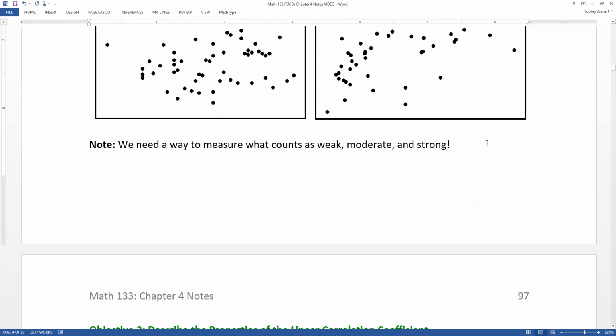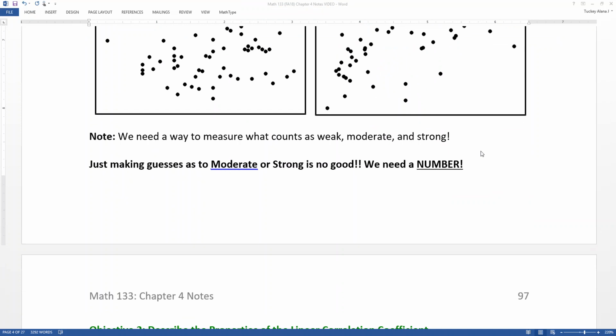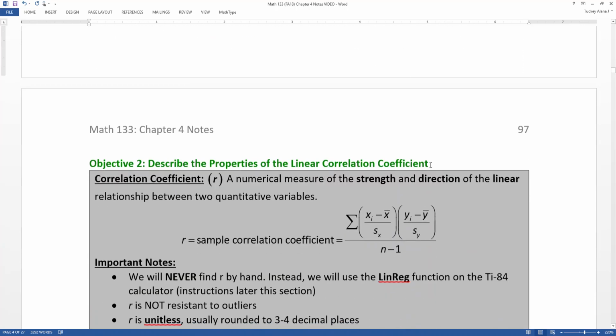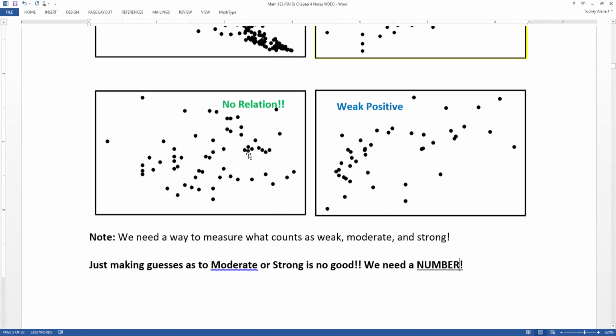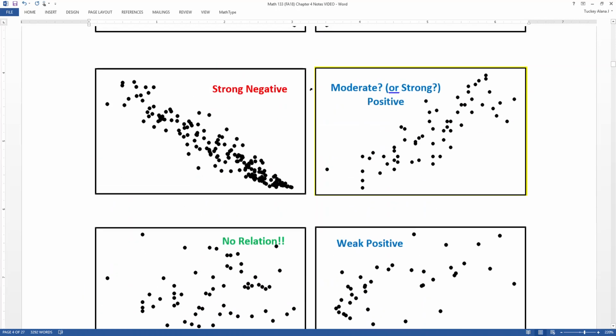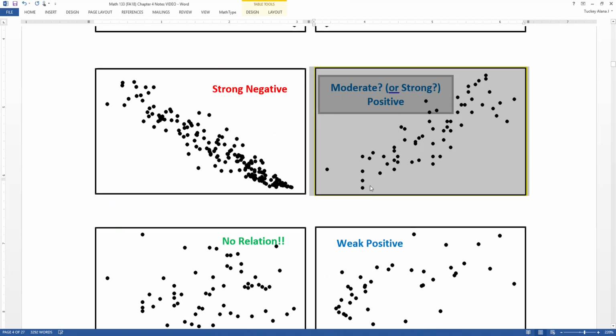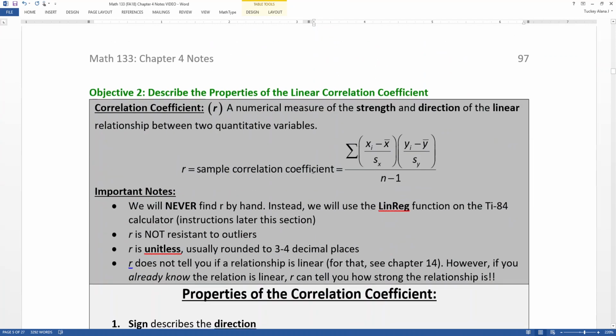We need a way to measure it with a number. We need a number that will gauge strength. And that number is what the correlation coefficient is going to do for us. It's not going to leave us hanging with this whole, I don't know, is it moderate? Is it strong? It's going to say, yep, you'll be able to tell whether it's moderate or strong based on a numerical value.